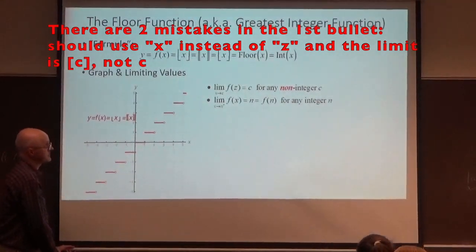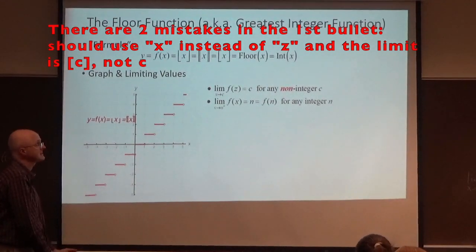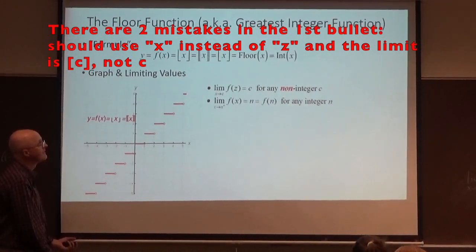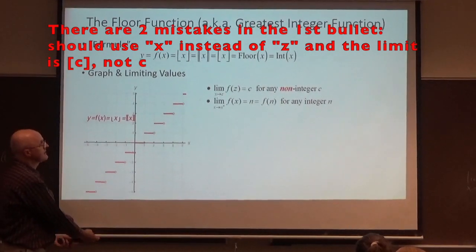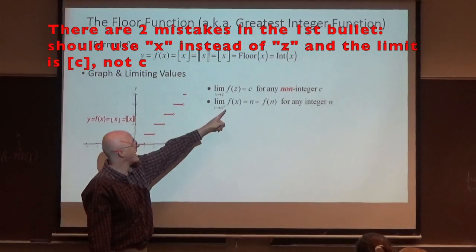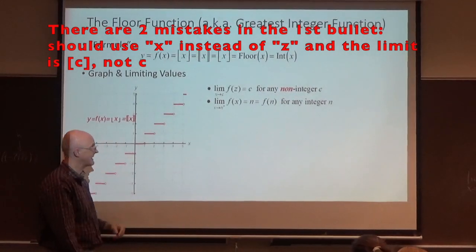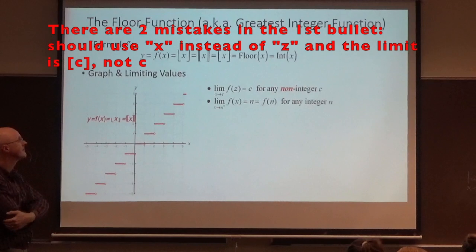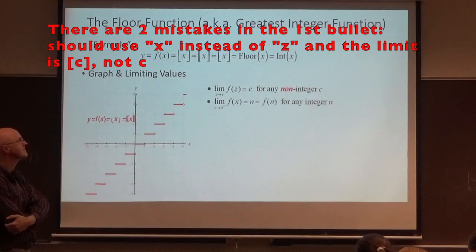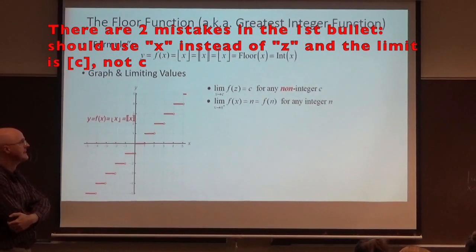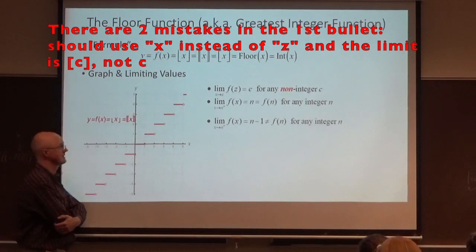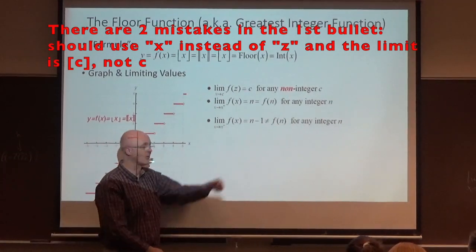If n is an integer, whole number, positive or negative, then the limiting value as you approach n from the right is f of n, and that equals n. On the other hand, if you let x approach n from the left, the limiting value is n minus 1.